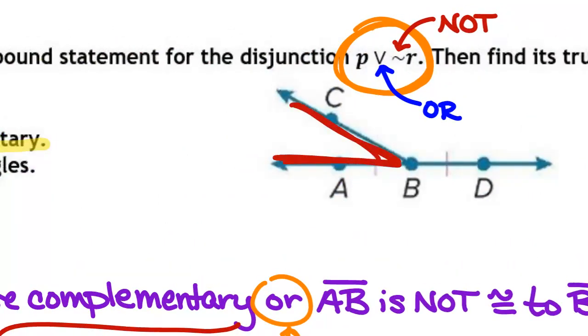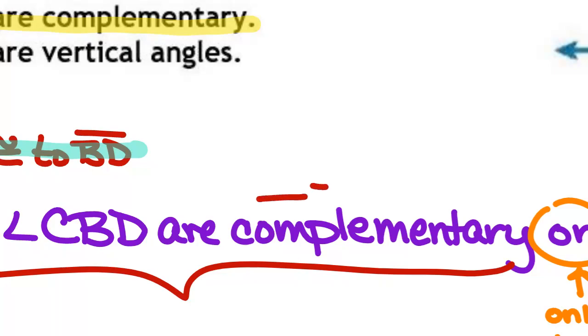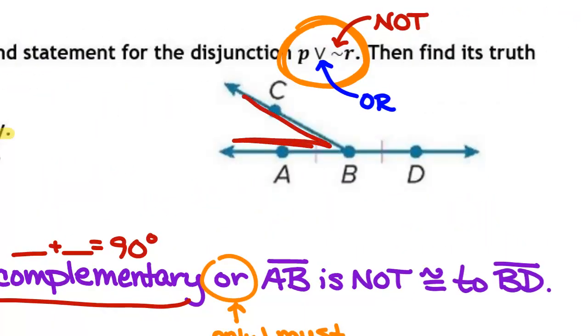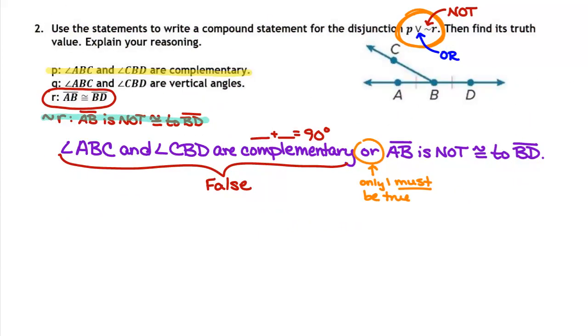What does complementary mean again? Add up to 90 degrees. Something plus something equals 90 degrees. Is that true about these two angles? Do these two angles add up to 90? No. So this is false. Together they make a straight line. They're a linear pair. These two are supplementary.